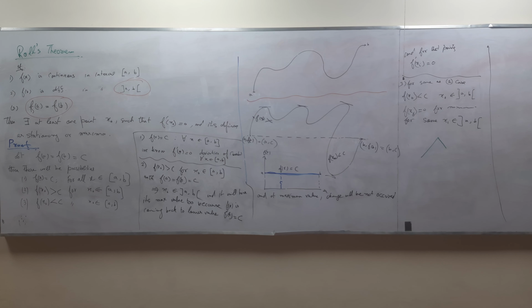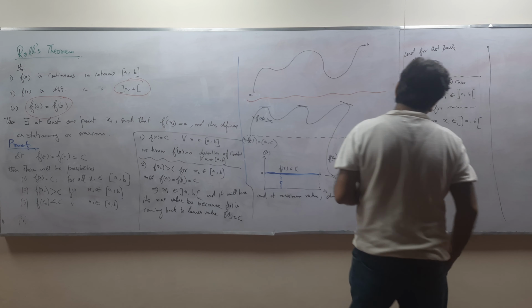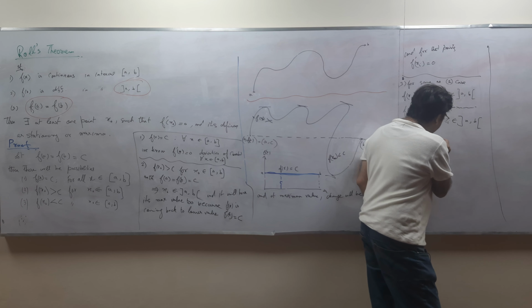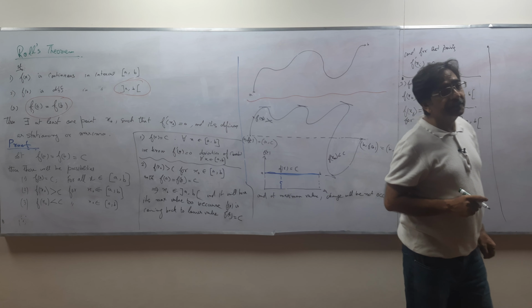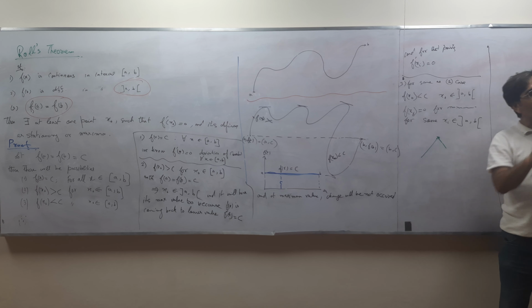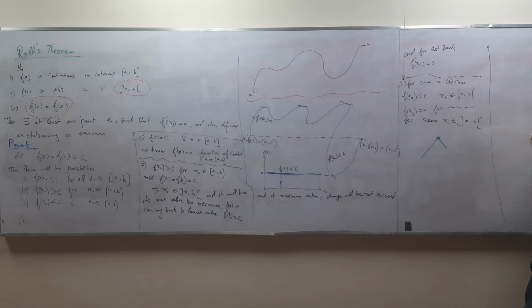Your question: why will the derivative always be 0 at maximum or minimum? Yes, if there is an edge, there is no continuity. Then it will not be like a circle. For continuous functions, I have already explained the property: for an edge, the left limit will not be equal to the right limit.